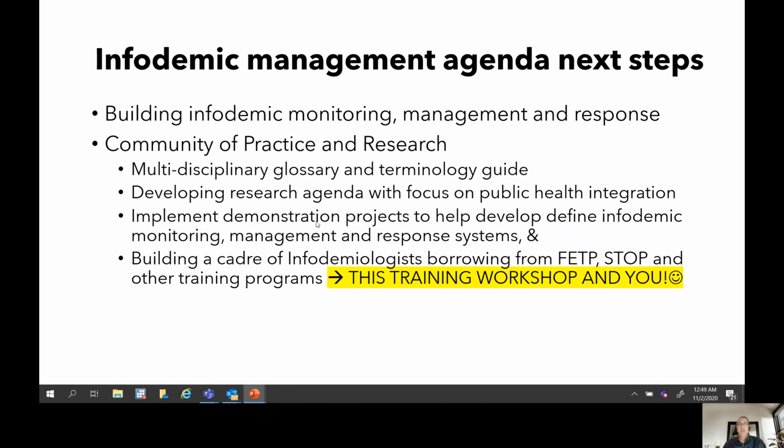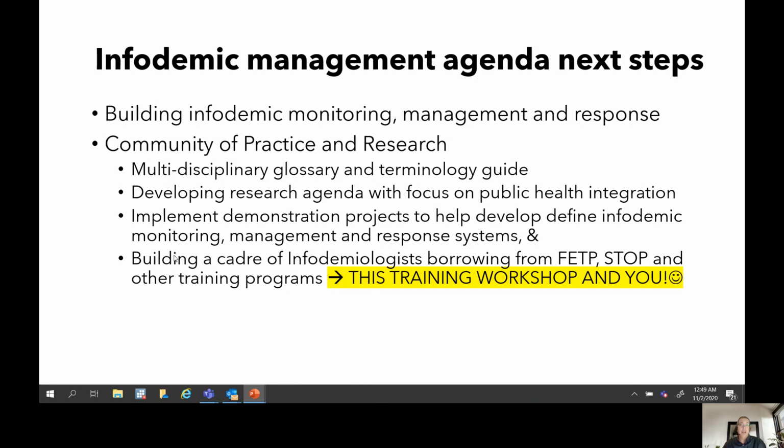Also implementing demonstration projects to help define infodemic monitoring, management, and response systems. Again, we have to learn from interventions that are done in certain locations to see what's working and not working, and then apply the lessons learned.